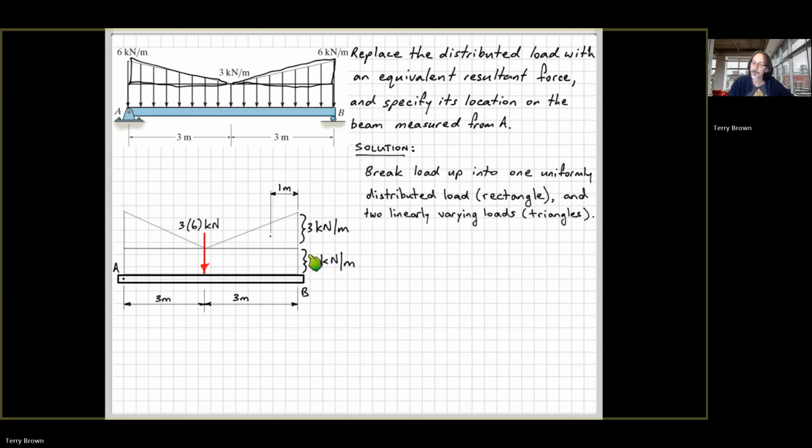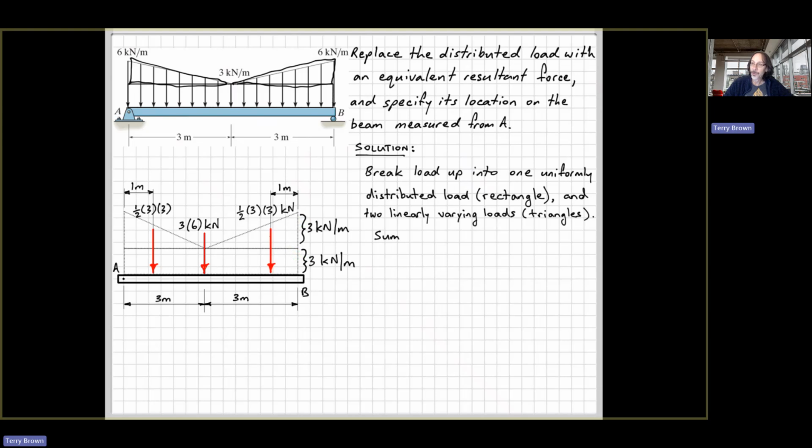This length is 3 meters, so the centroid will be 1 meter from this right-hand side here. The magnitude of that is the area under the loading curve. So we just want the triangle: a half times 3 for the height and 3 for the base. That gives us that area, and of course we've got the same over on the left-hand side.